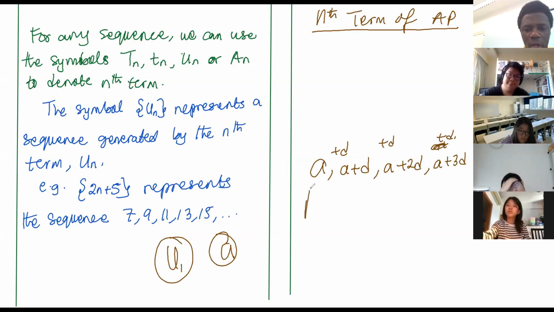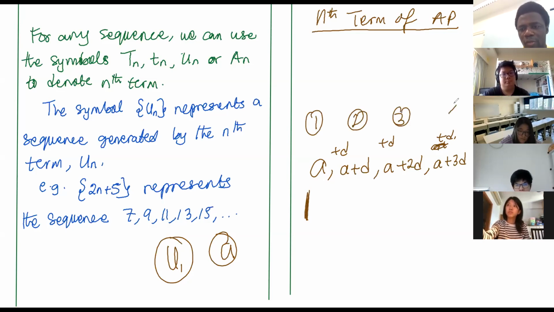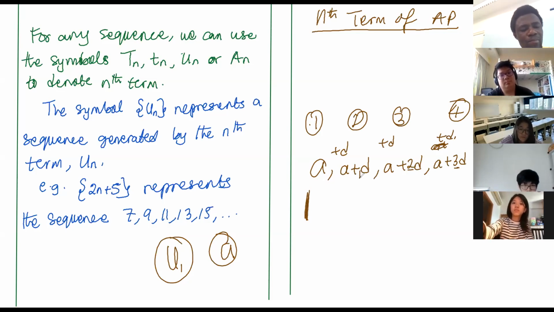Now this is term 1, the first term, the second term, the third term, the fourth term. These terms are the values of n. Compare this position to the coefficient of D. What do you notice? Anyone?